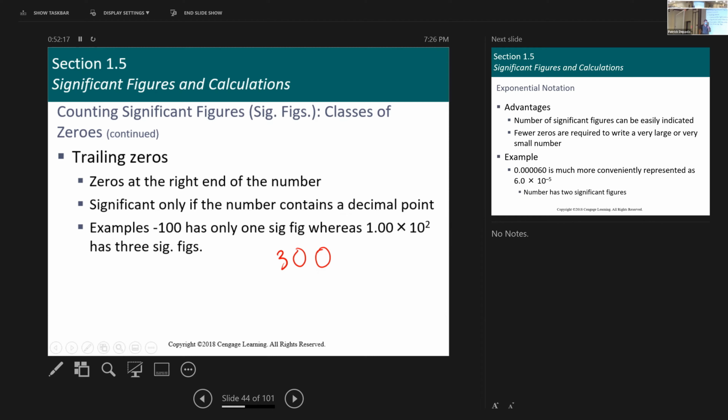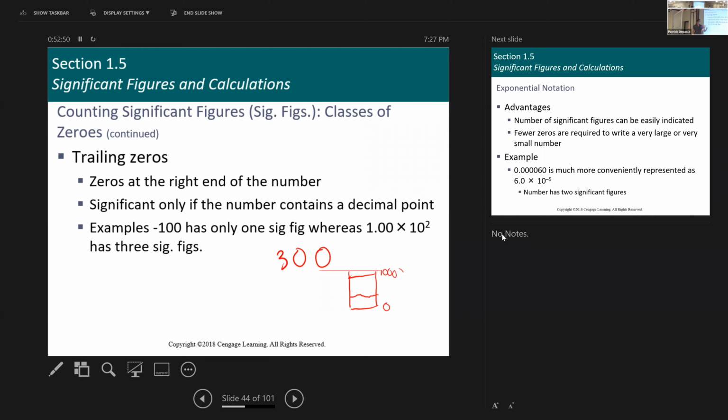This number tells me that our beaker is actually like this. So here's 0. Here's 1,000. Okay, ignore that line. That's what this measurement of 300 with no decimal tells me. It tells me that the beaker goes from 0 to 1,000, and my liquid is somewhere there.